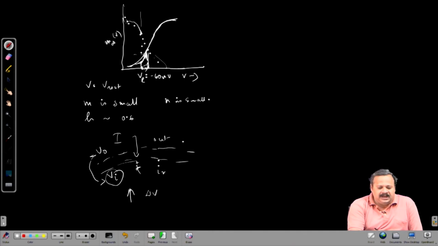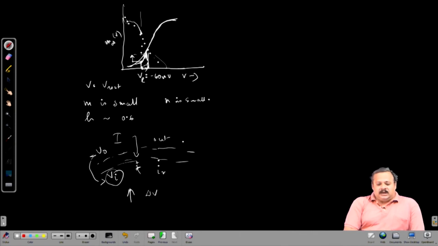So, this is the change in the M infinity V, and since M is extremely fast, the M value reaches the M infinity V value almost immediately, instantaneously.